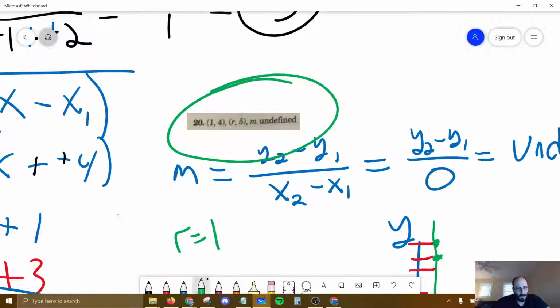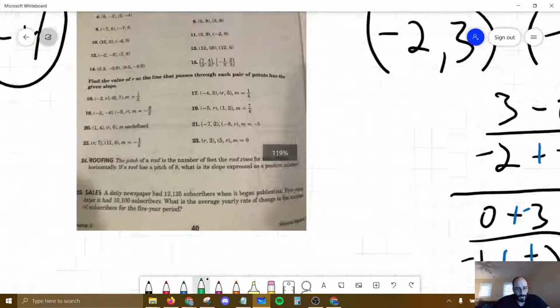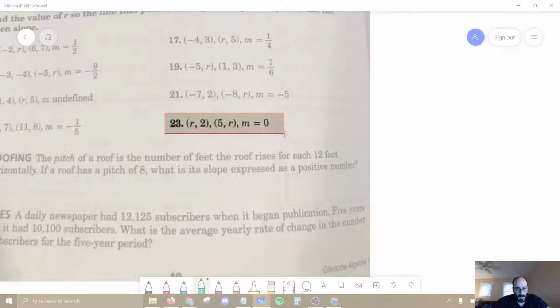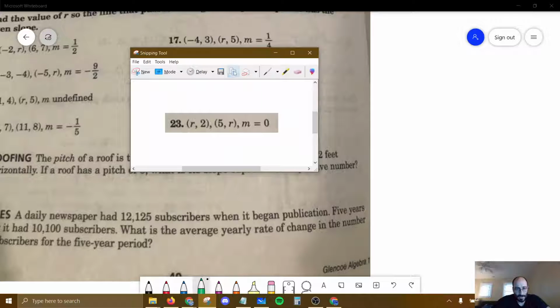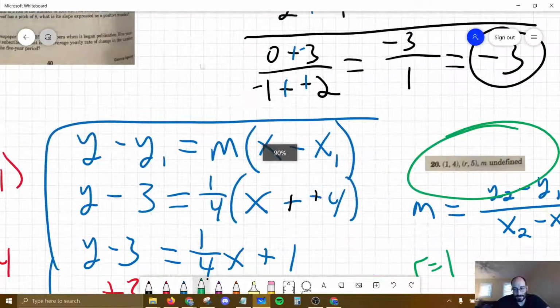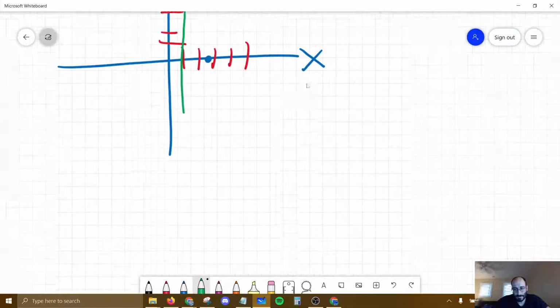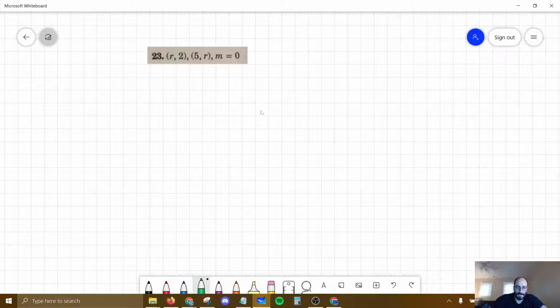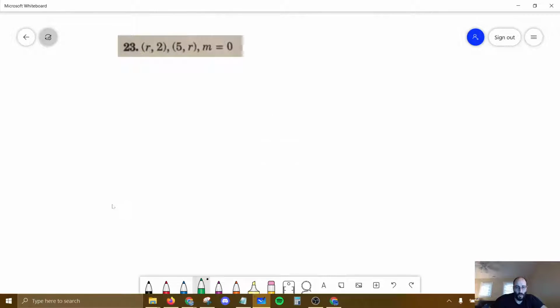And then the other one that's a little goofy is number 23 here. What these ones look like is m equals 0. So what does it mean when slope equals 0?